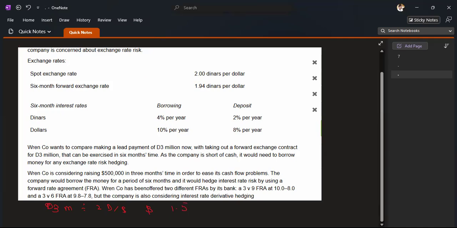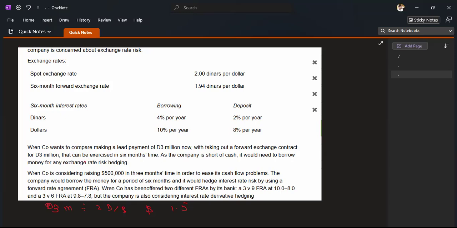Now, the examiner said to you, W company wants to compare making a lead payment of D3 million now with taking out a forward contract for D3 million that can be exercised in 6 months' time. As the company is short of cash, it will need to borrow the money for any exchange risk hedging.